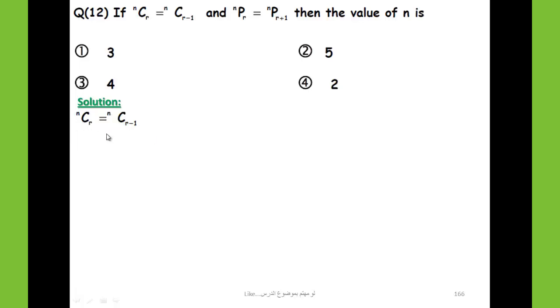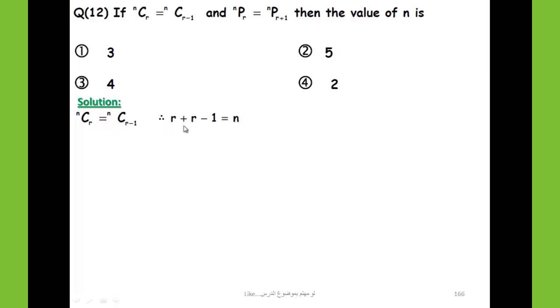Again, we have two cases. r equals r minus 1, and this is impossible, or r plus r minus 1 equals n.